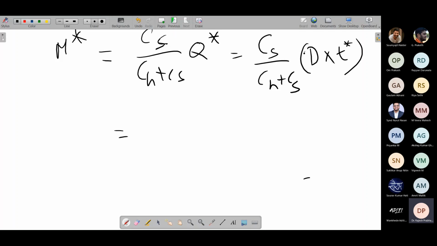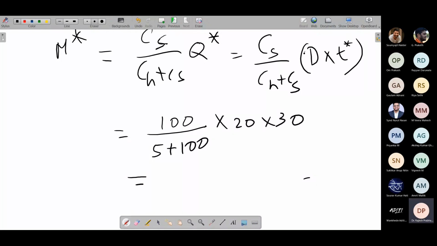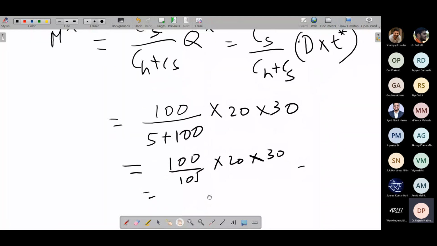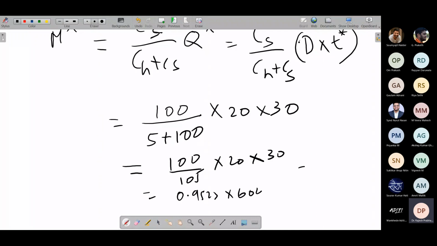So the final formula is cost of shortage 100 divided by holding cost 5 plus 100, into 20 into 30. So 100 by 105 is how much? 0.9523 into 600.